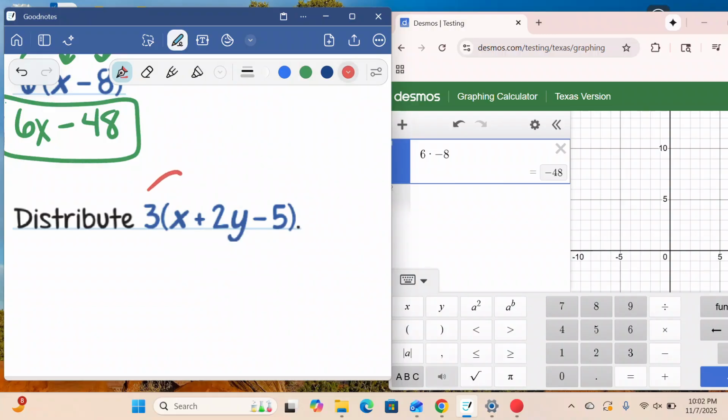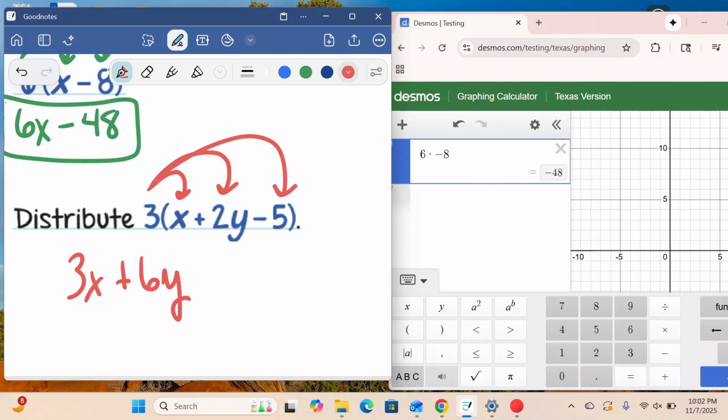So then here I'm going to distribute to this. I go, well, what is 3 times x? 3x. And then I'm going to distribute to this. What is 3 times 2y? That gives me a positive 6y, because 3 times 2 is 6y. And then, of course, I do my last distributive right here. And 3 times negative 5 is a negative 15.